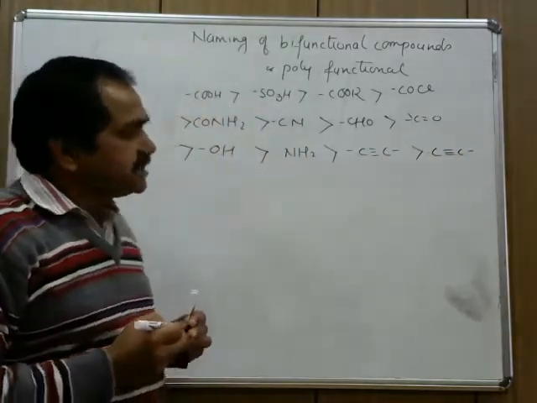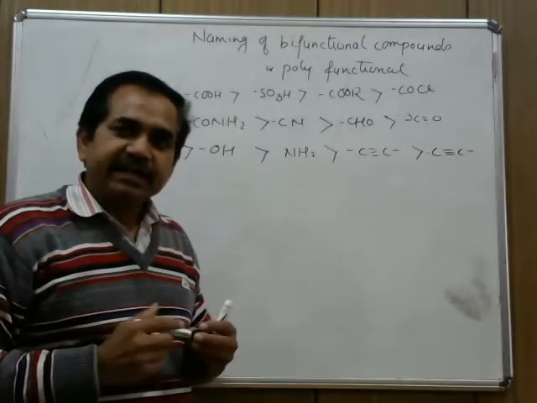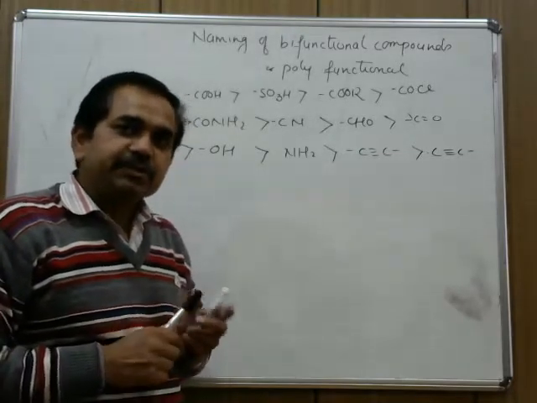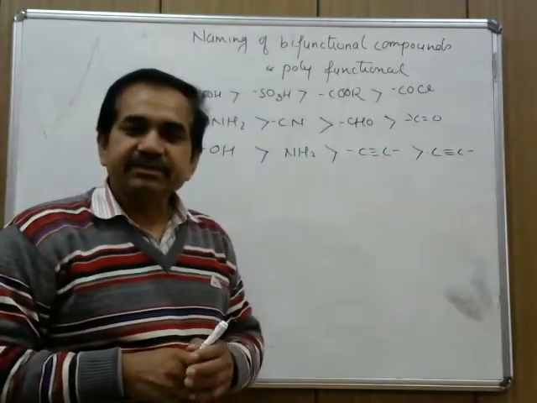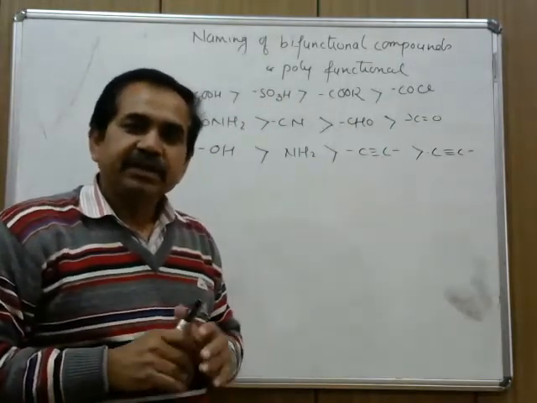So this is called the seniority table or priority table. Highest priority is given to the COOH group while least priority is given to the carbon-carbon triple bond.